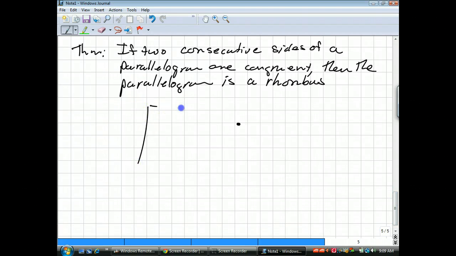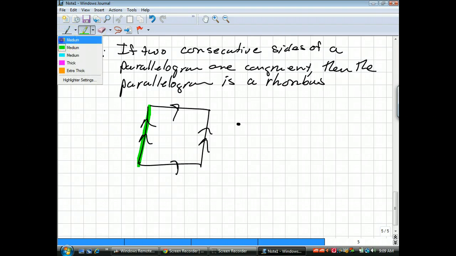So again, we have some kind of parallelogram, so we know that opposite sides are parallel by definition of a parallelogram. And we know that this side and this side are congruent to each other.